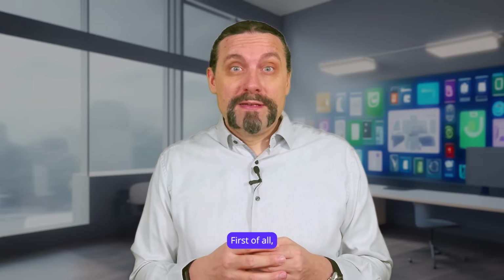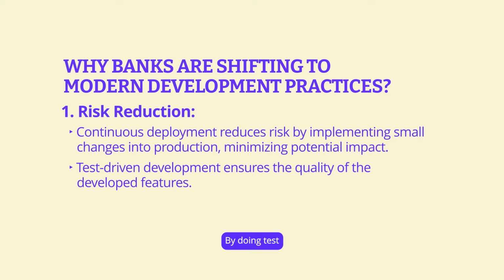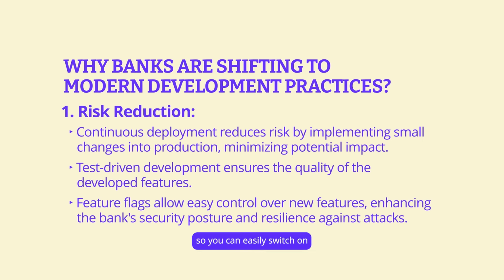First of all, they are reducing the risk massively, because when you are doing continuous deployment, as I said, you are bringing small changes into production with a small risk. By doing test-driven development, you're ensuring the quality of what you are building, and with the feature flags, you can easily switch on and switch off new features.